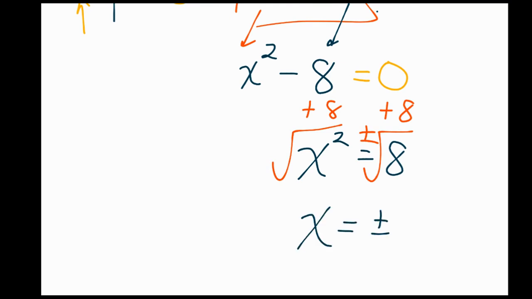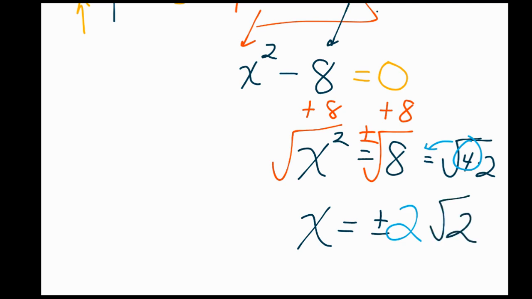I feel like I can simplify the square root of 8, right? Yeah, because the number 8 is the same as 4 times 2, and I can pull out that 4 as a square root of 4, which becomes the number 2, but it leaves behind a root 2. And so I get plus or minus 2 root 2.